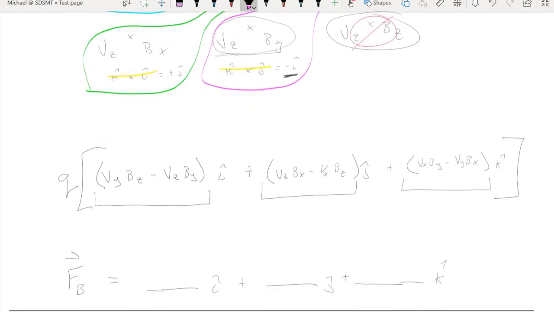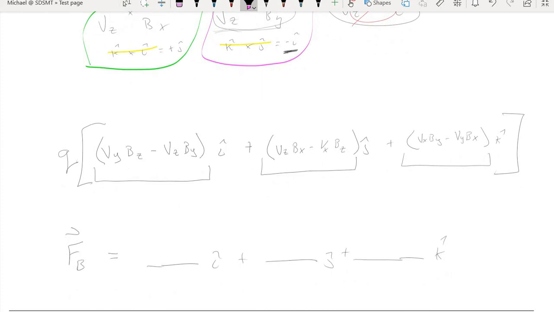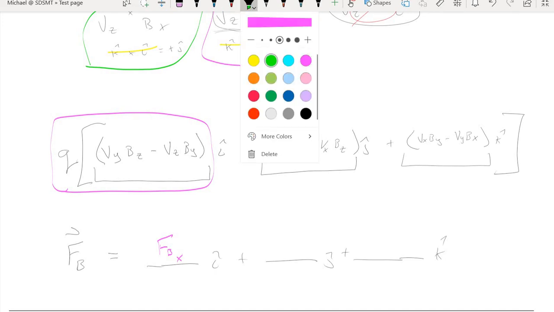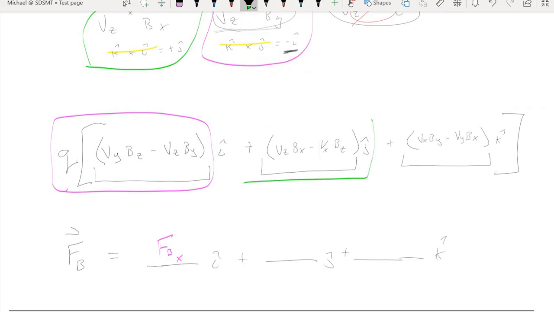But now we have, let's see if I use the appropriate colors here. Now I have the x component of my magnetic force. I have the y component of my magnetic force.